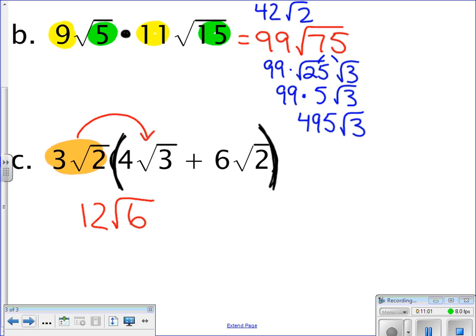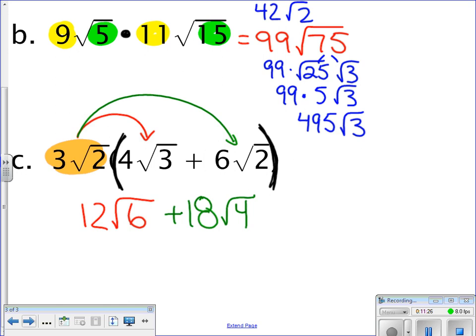And then multiply the second half. 3 times 6 is 18. Square root of 2 times the square root of 2 is the square root of 4. Now if you leave it like that, then you're not going to have it fully simplified.